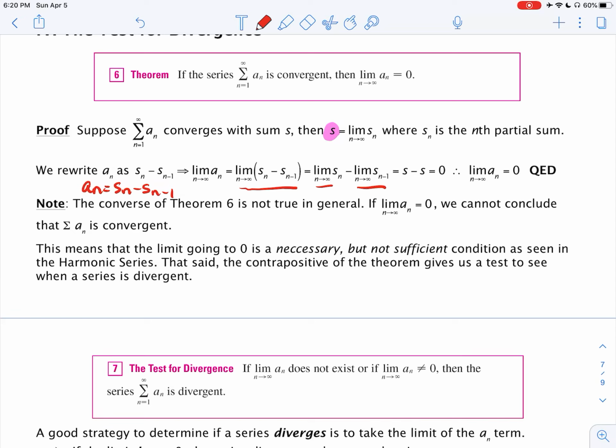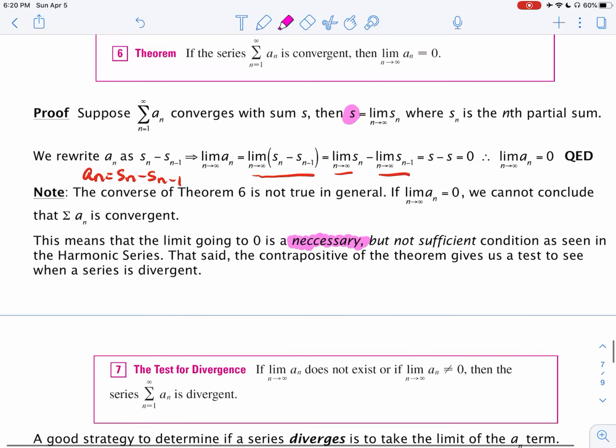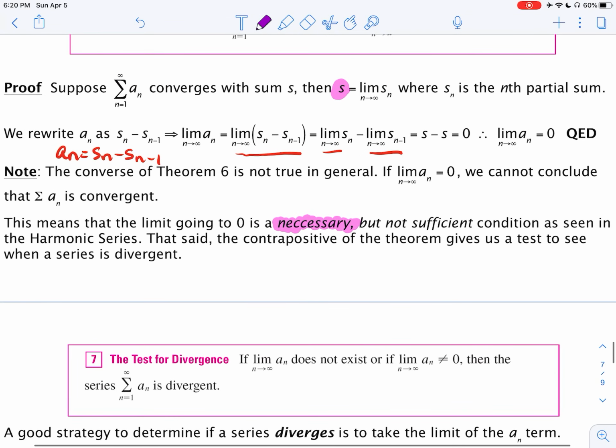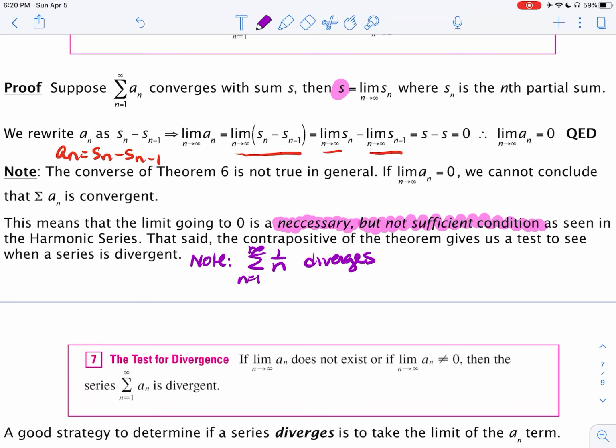The converse is not always true, but it does mean that the limit going to 0 is definitely necessary, but it's not a sufficient condition. Why? Note that the sum of 1 over n as n equals 1 to infinity diverges, right?